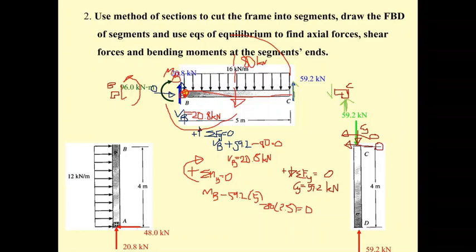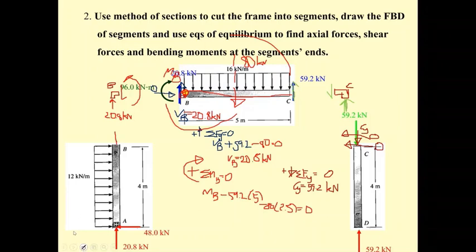And the downward shear is going to be this axial force, and this one is going to be 20.8 kilonewton, transferring from this blue to this red one, and then it is applied vertically.